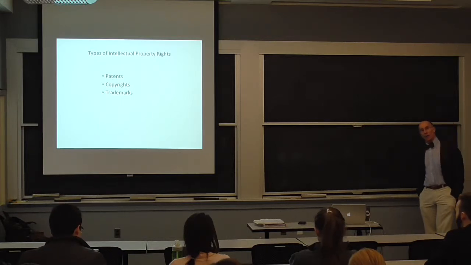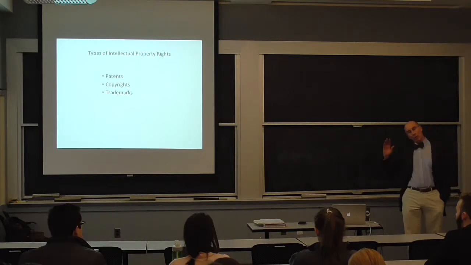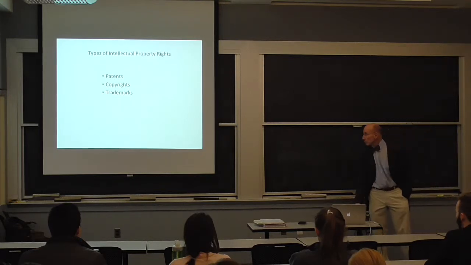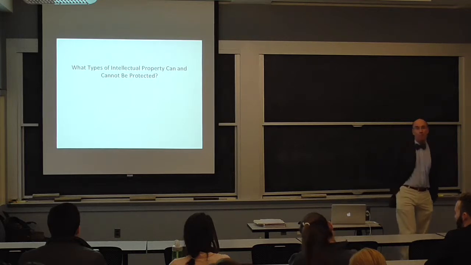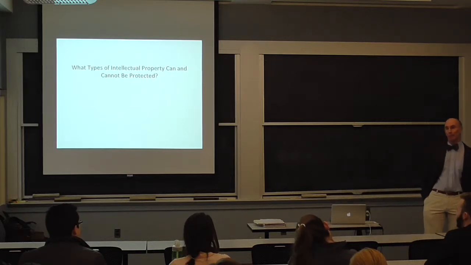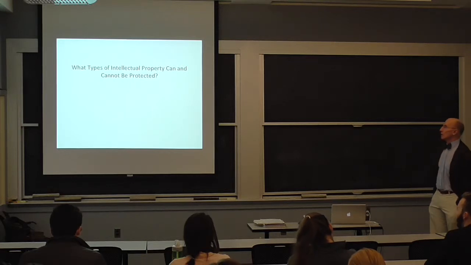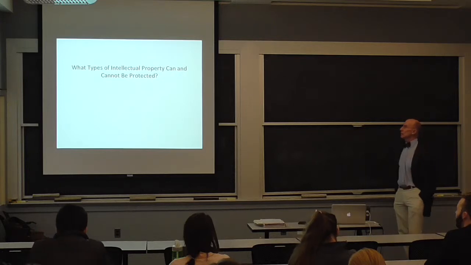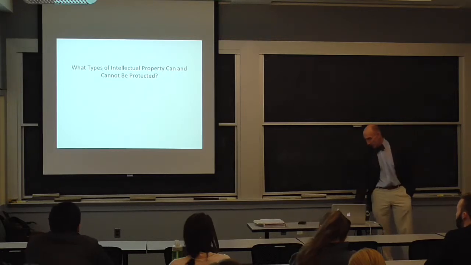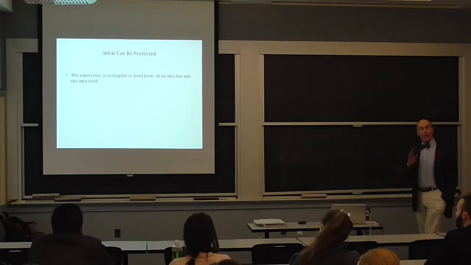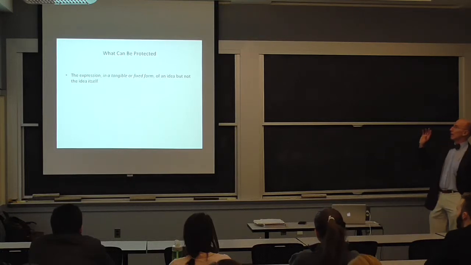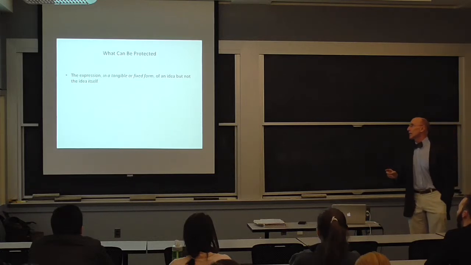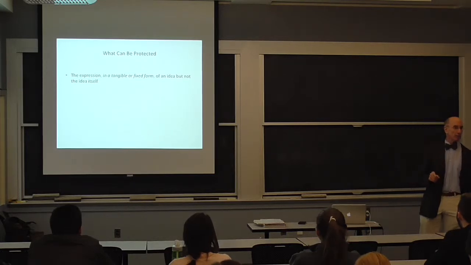Tomorrow we're going to talk about them in more detail, but we're going to start tomorrow off by talking about what constitutes intellectual property and what does not. So tonight I want you to think about these two definitions. What types of intellectual property can and cannot be protected? What can be protected? The expression in a tangible or fixed form of an idea, but not the idea itself.